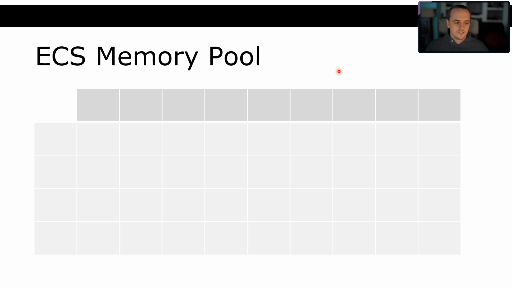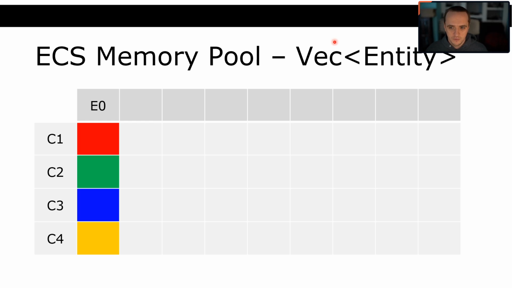Okay, so here's what our memory pool is going to look like. I'm representing it as a table, okay? So the first memory pooling scheme is the first one we talked about, where we're going to have essentially this memory pool, we're going to say pre-allocate a vector of size 10,000, for example, and inside that vector, we're going to store raw entities, okay?